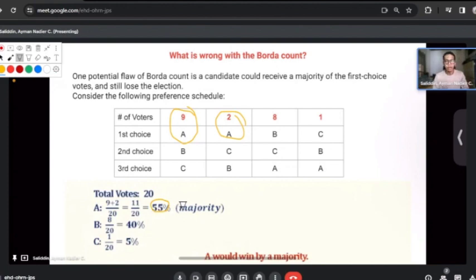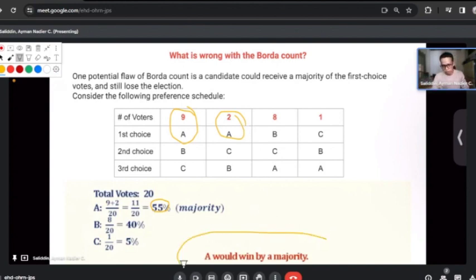Under the plurality with elimination method, this should be the winner. But obviously, in Borda count, that's not how it works. All that matters is the points. So we're going to have to assign points here.